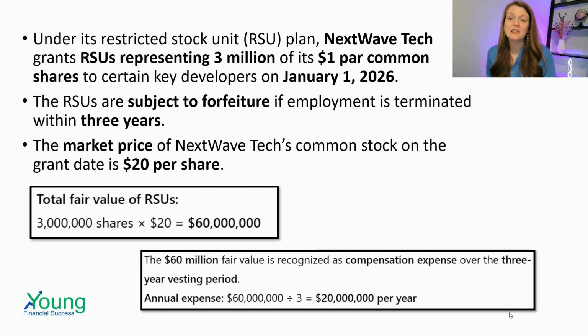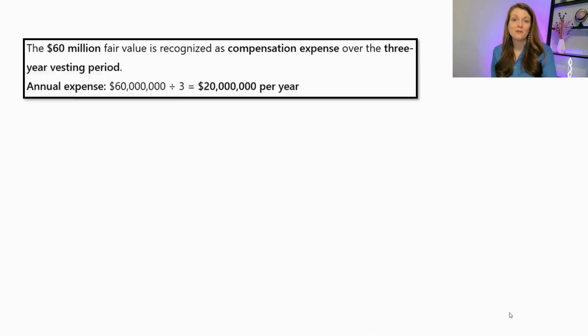So that $60 million, the fair value, is going to be recognized as compensation expense over that 3-year vesting period. So all we have to do is we take the 3 million times the $20 per share to get $60 million. Then we divide that by the 3 years of the vesting period, and they're going to expense out $20 million per year. So let's look at what that would look like.